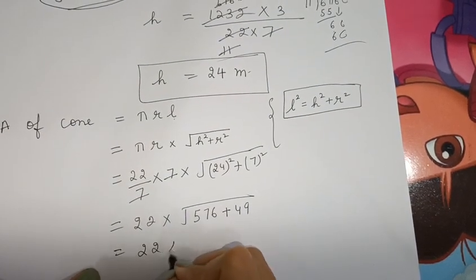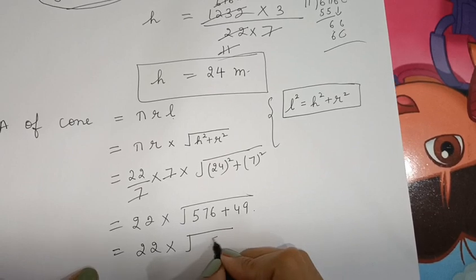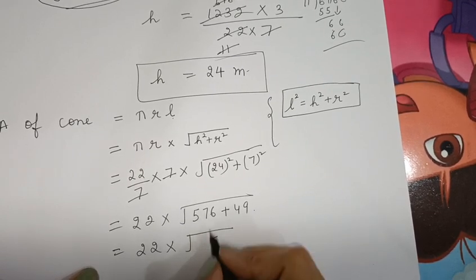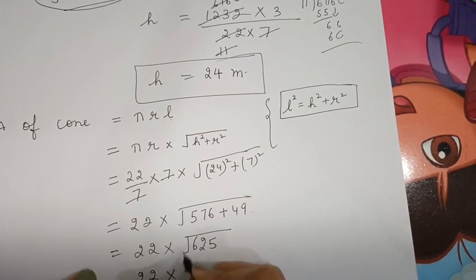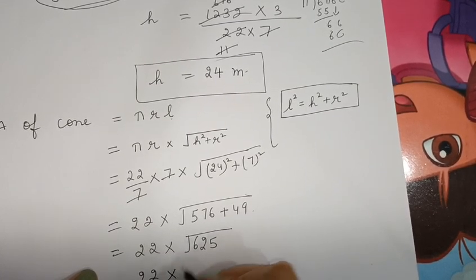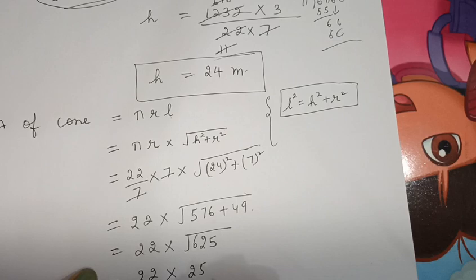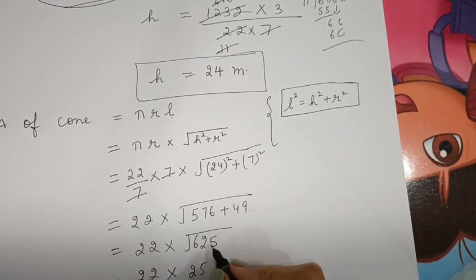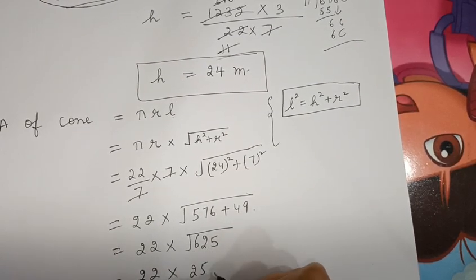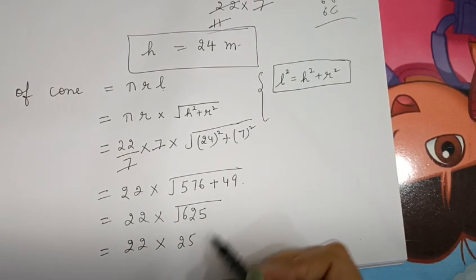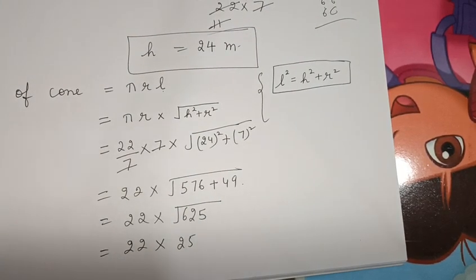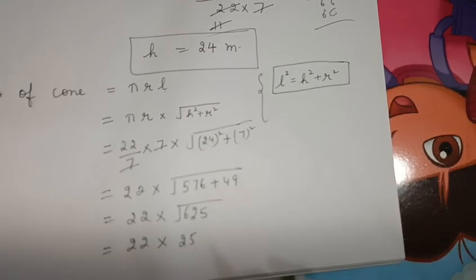So 22 into, when you are adding this, you will get 625. Again, 625 square root. We know 25 into 25 is 625. So that means the square root of 625 is 25. See, directly just by knowing we can save a lot of time and avoid these calculations while solving the questions.